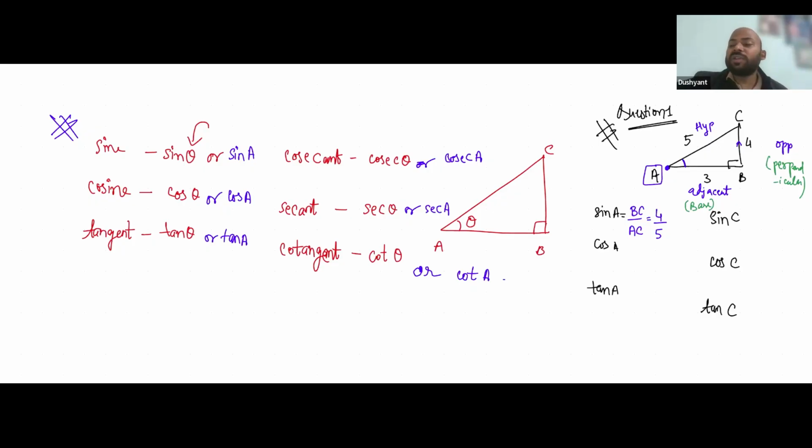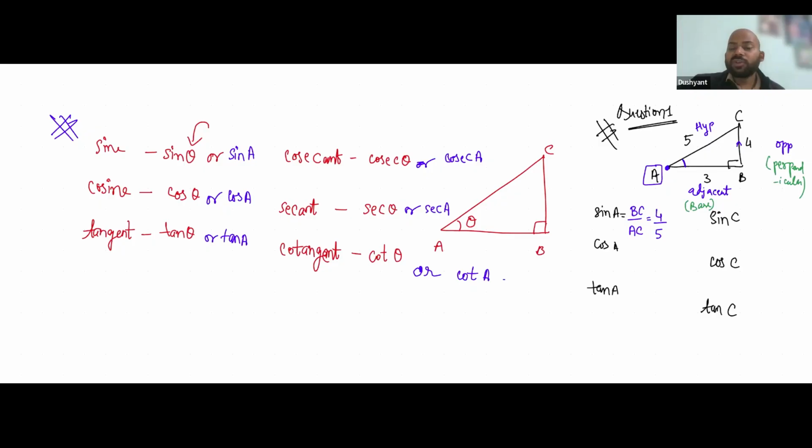So sometimes you will see that they write perpendicular over base, P over B. Perpendicular means the opposite side, and base means the adjacent side. Hypotenuse we will not disturb. Hypotenuse is the longest side, opposite the right angle, so that will be fixed. But perpendicular and base change according to the angle I am taking.